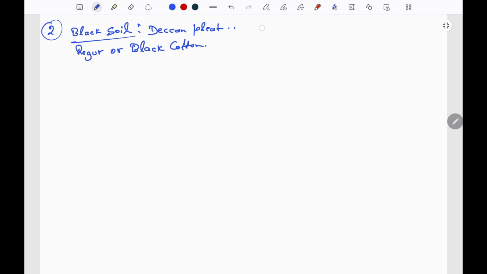It is generally clayey in nature, so it retains water for a longer period of time, and when it dries, it develops cracks in it, which is referred to as its self-ploughing characteristic. It sustains majorly the rain-fed crops.